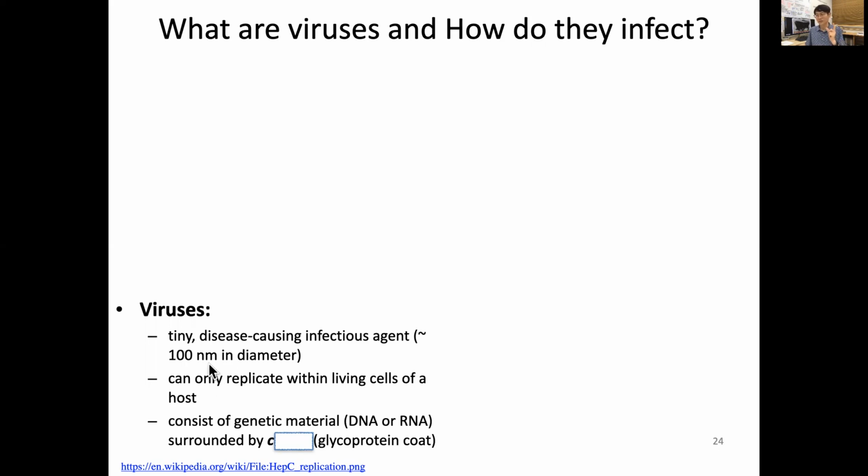And the virus, interestingly, consists of genetic material. It could be DNA or RNA. We call them DNA viruses or RNA viruses. That's surrounded by a glycoprotein coat, which we call a capsid.